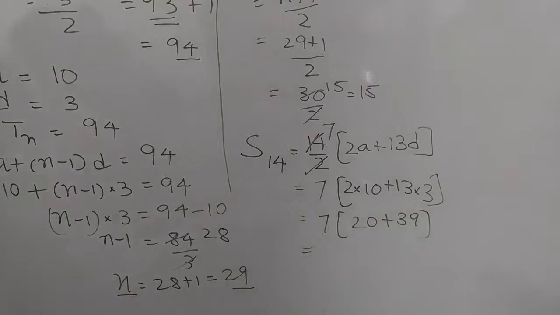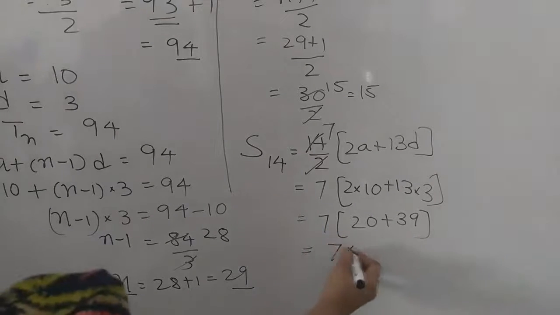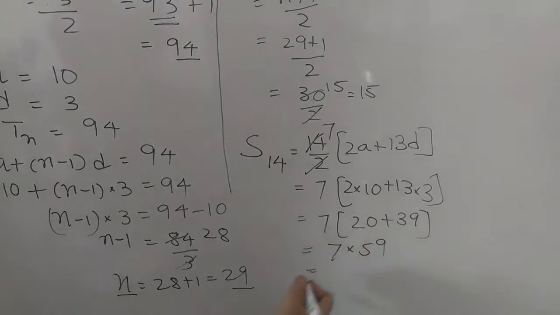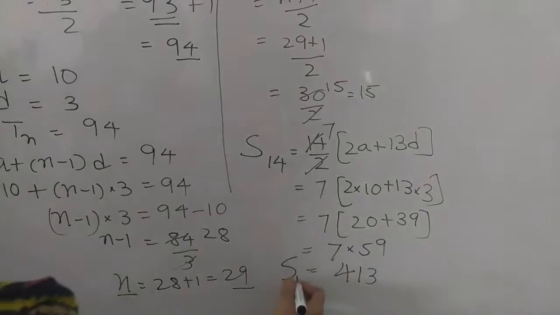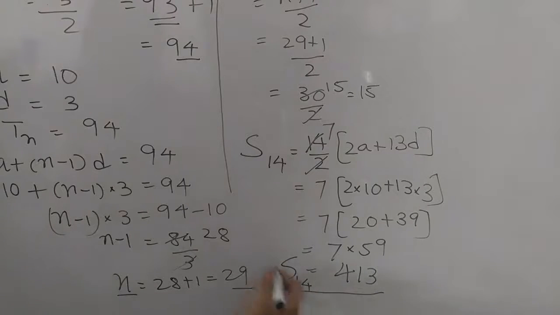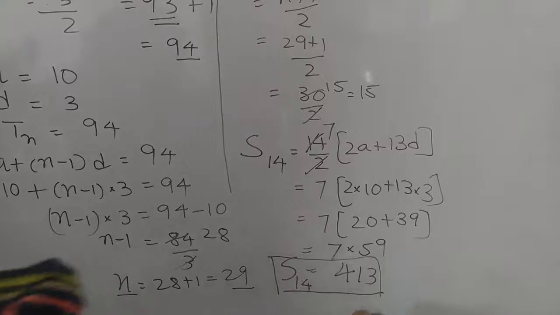So this way we can solve it, and we get 7 into 59, and the calculation gives 413. So S14 is found, and this is our second answer.